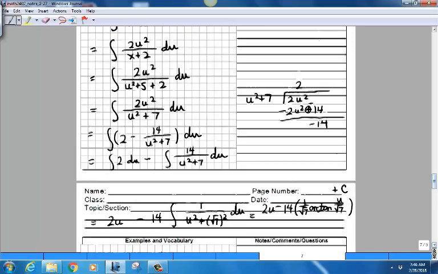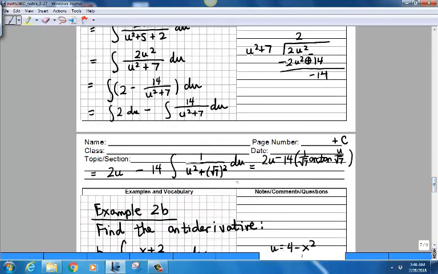And now, finally, I have to undo my substitution. So let's see if I have room here to undo the substitution. So we end up here with 2 times u, but remember, u was substituted for square root of x minus 5.